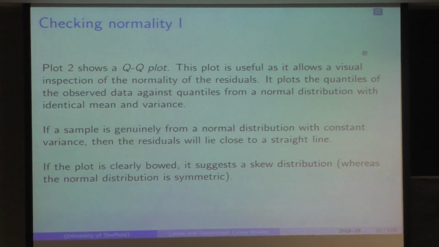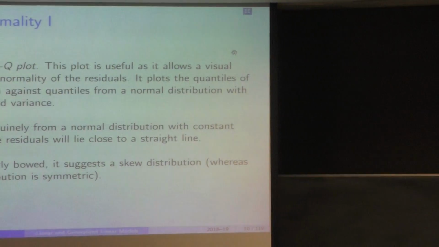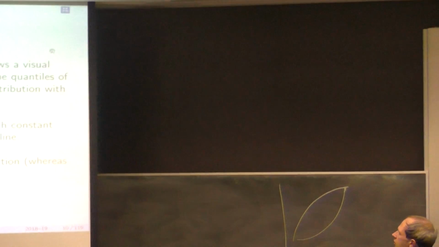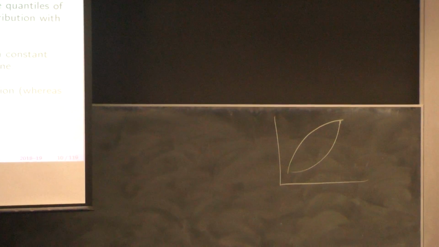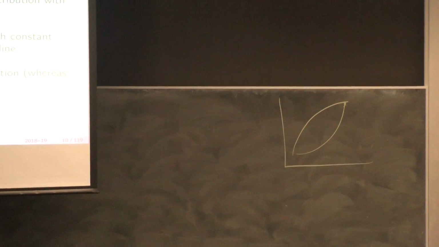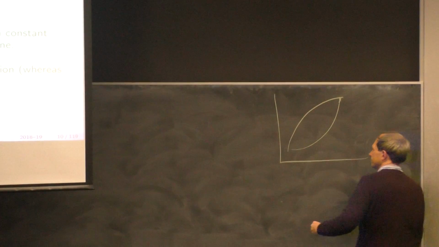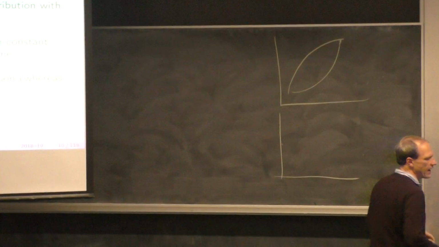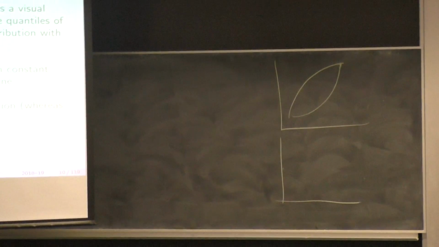And the same would be true if you had it going the other way around, so like that. So a curved QQ plot tends to suggest a skew distribution. Okay, so that would be again suggestive of a non-normal outcome.